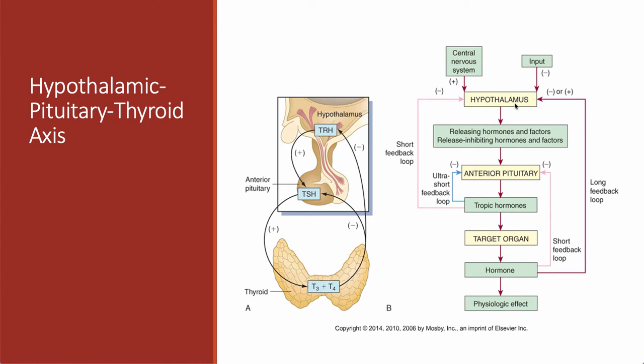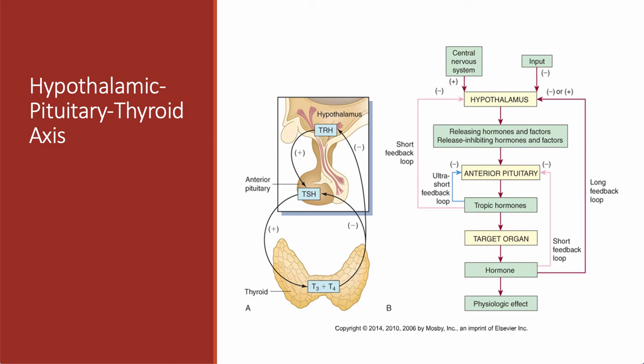So the hypothalamus then secretes TRH, right? Thyrotropin releasing hormone, and that goes to the anterior pituitary. And the anterior pituitary says, all right, now I've been told that the brain tells me that the thyroid needs to make more T3 and T4.